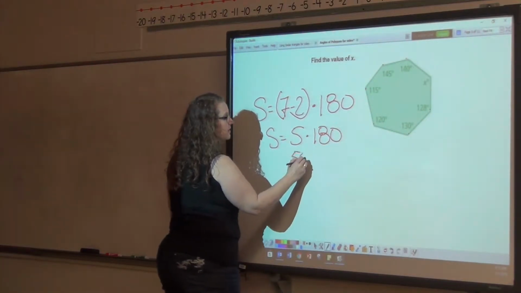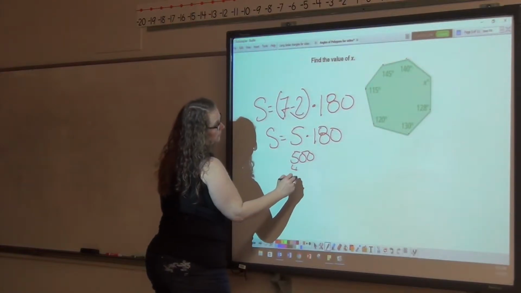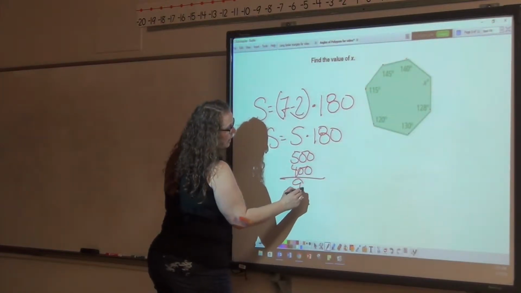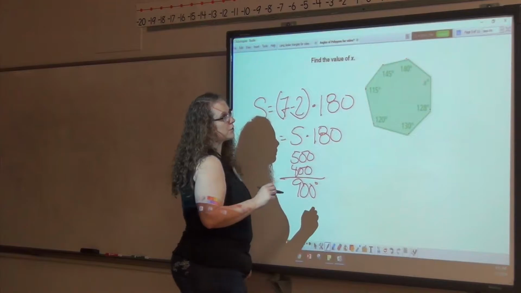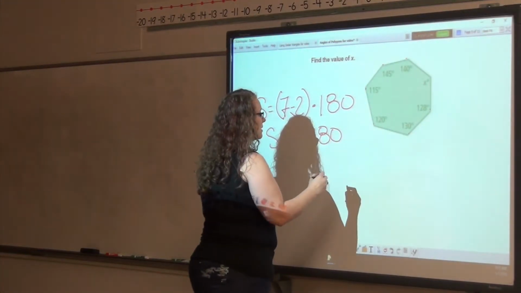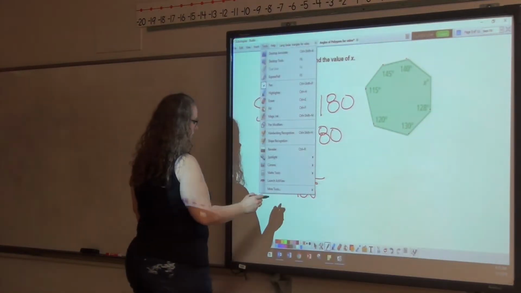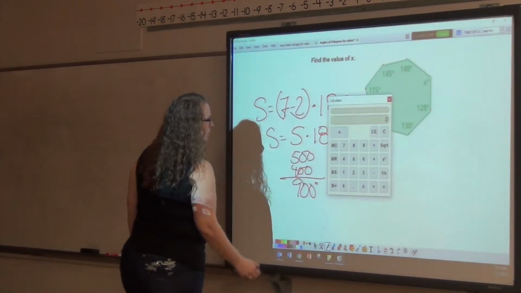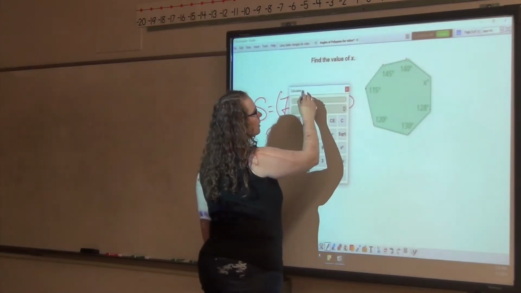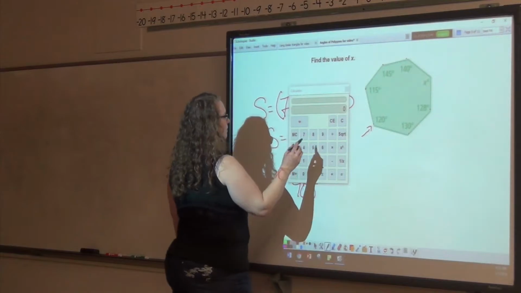5 times 100 is 500. 5 times 80 is 400. So the sum of our angles is going to equal 900 degrees. So I can add all of these together and it equals 900. So let's get out our calculator. All right, we are going to start right here.